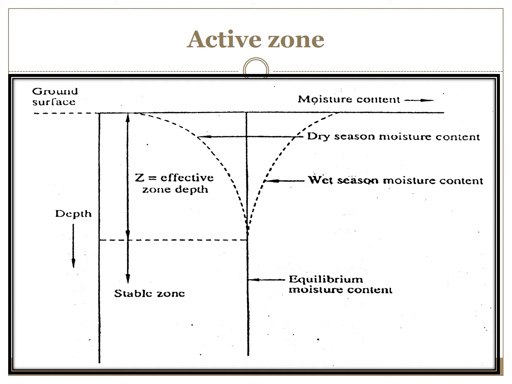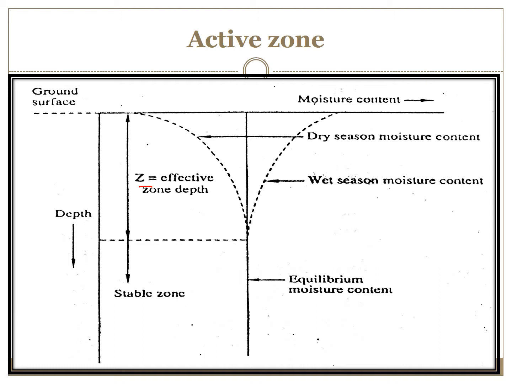The depth in a soil to which periodic changes of moisture content occur is referred to as the active zone or unstable zone. It means the depth where the moisture change or seasonal changes affect the soil property is known as the effective zone or unstable zone or active zone. So Z is your active zone or unstable zone or effective zone depth.